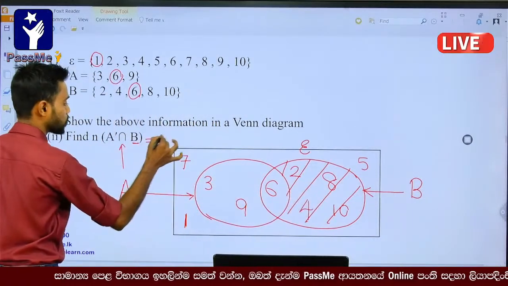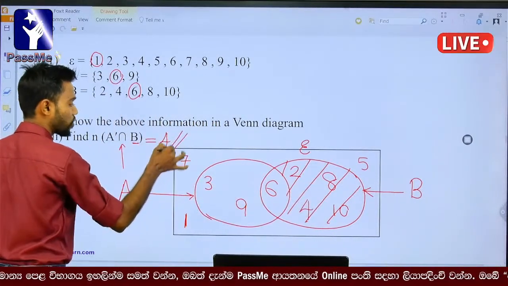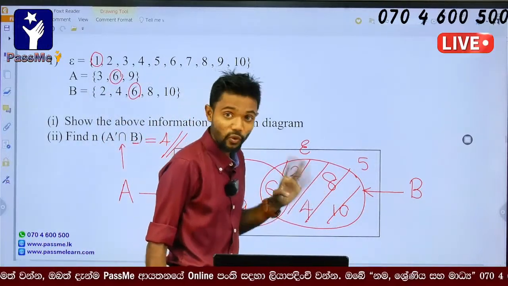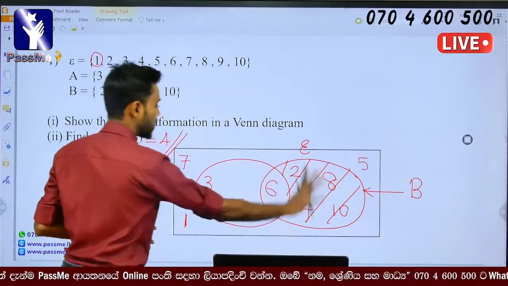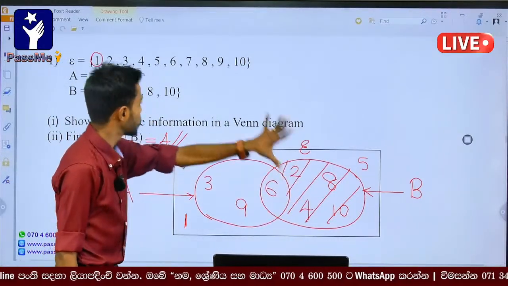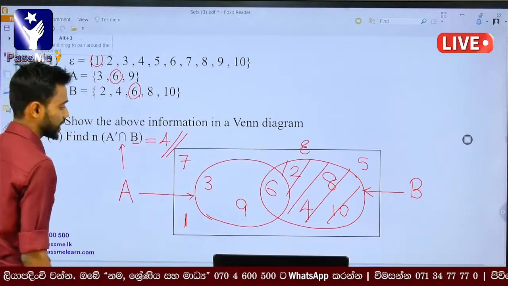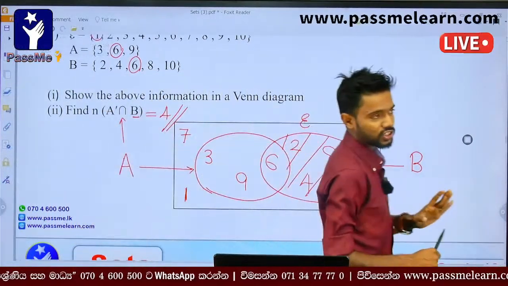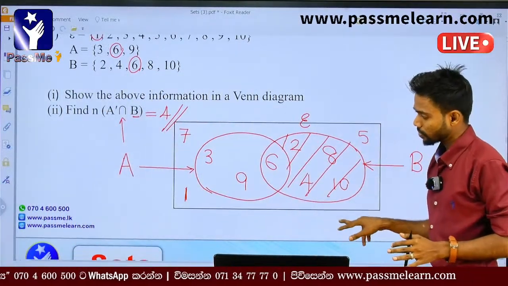So the answer should be 4. There are 4 elements inside this shaded area, but you don't need to shade it; I just shaded to understand the region clearly. Okay, so this is how we finish example number 1.